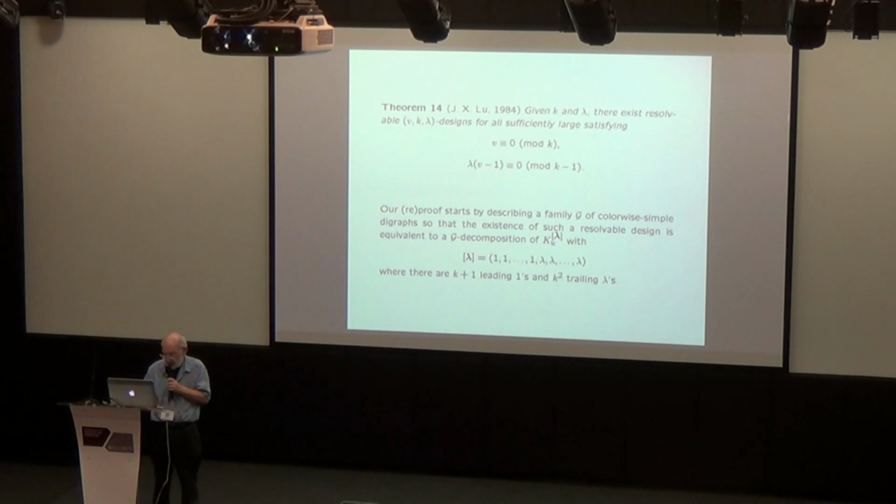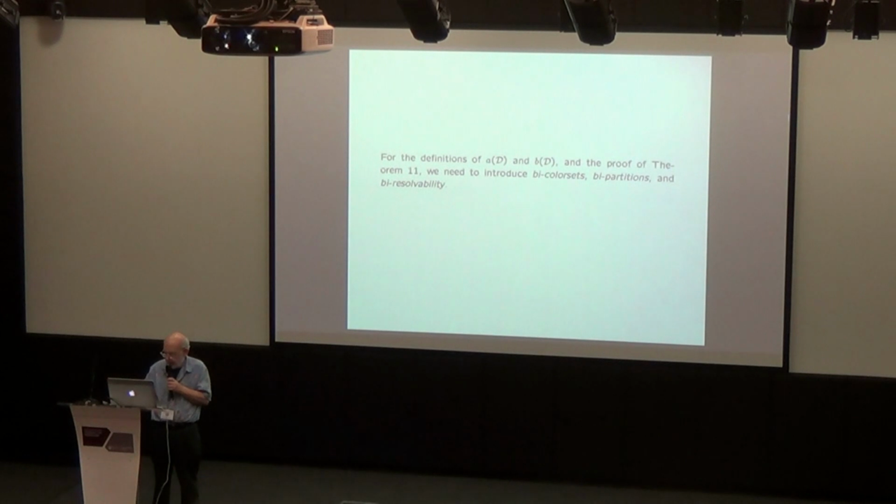That's an ugly complete graph. So to do that, the proof gets a little harder. You have to introduce bi-color sets, bi-partitions, and bi-resolvability. And I don't think I have any more slides, so I will stop here and thank you for your patience.